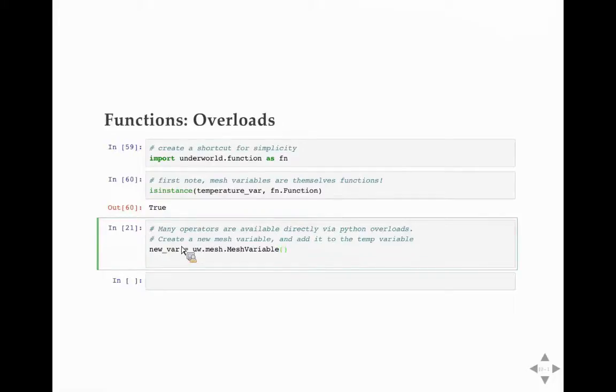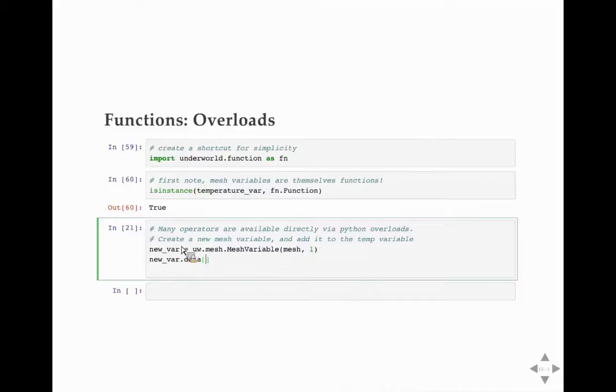So let's create a new variable. What do we want to do here? So now we can do newvariable.data. I think this new notation is basically NumPy's notation for grabbing strided data.